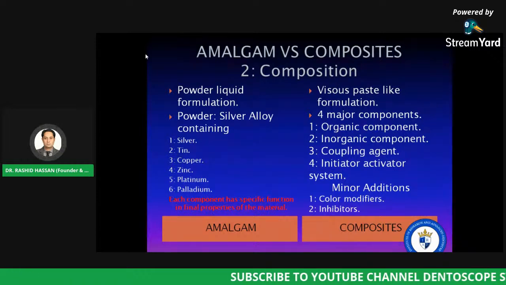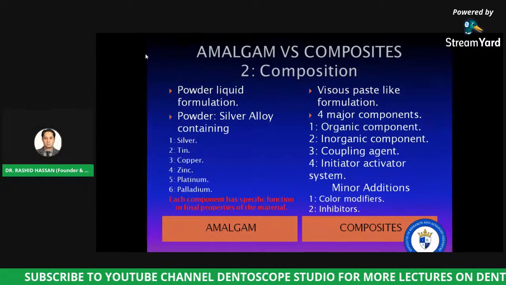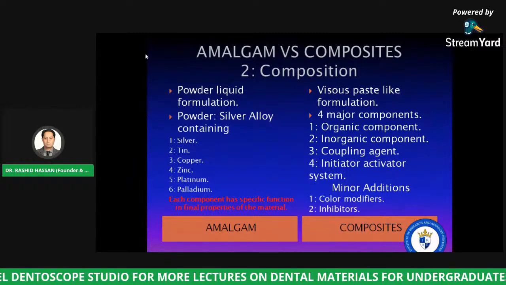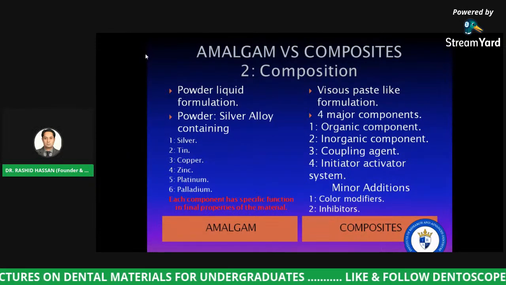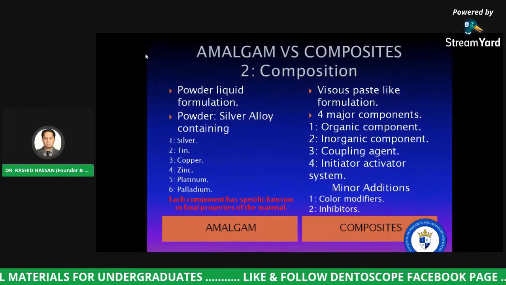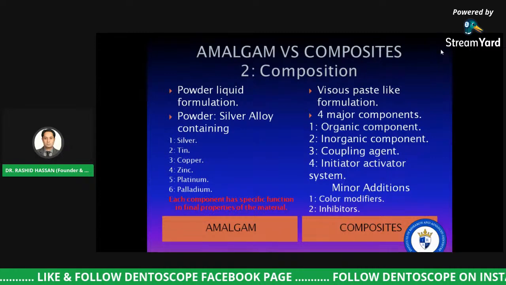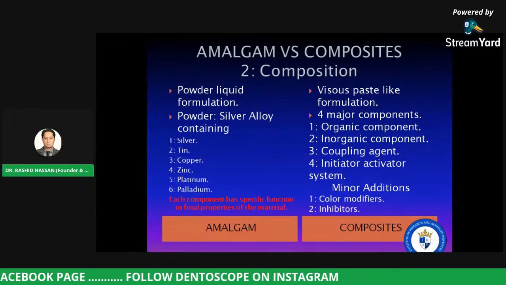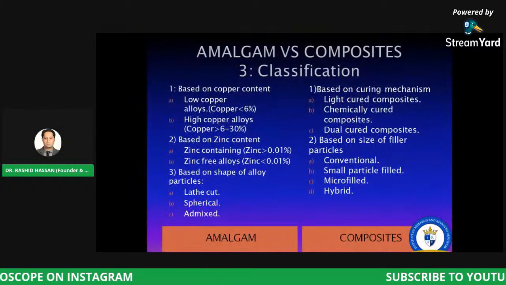You check the shade, and then the same shade is available in your dental composite. You take that dental composite and you fill the tooth for any cavity that is present on that specific tooth, so that the aesthetics is not compromised. So that's the significance of adding these color modifiers, to make it more and more aesthetically acceptable.